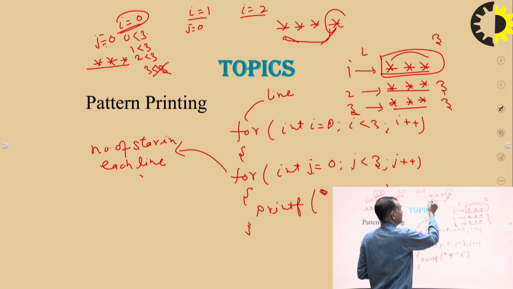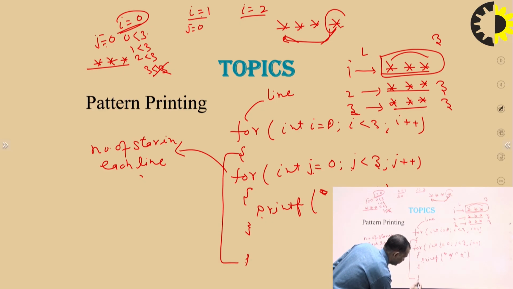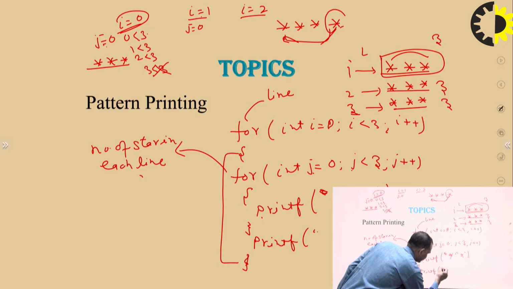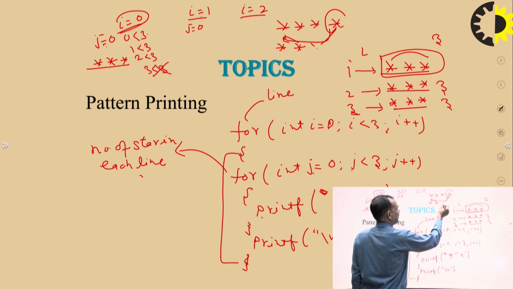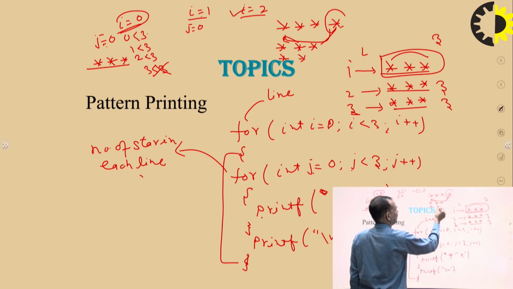Where do we need it? In the next line. So what do we do? Before we close this bracket here, we use printf with a backslash n, so it will go to the next line, again it will execute 3 times, and again i equal to 2, it will execute again the next time.